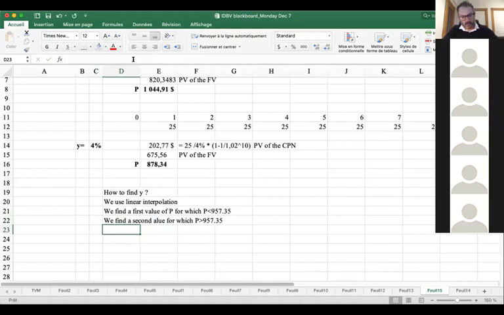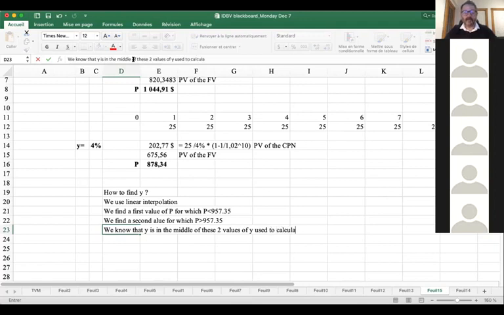And so we know that y is in the middle of these two values of y used to calculate the two prices, the two p's in the previous steps. And so we make a sort of an average.